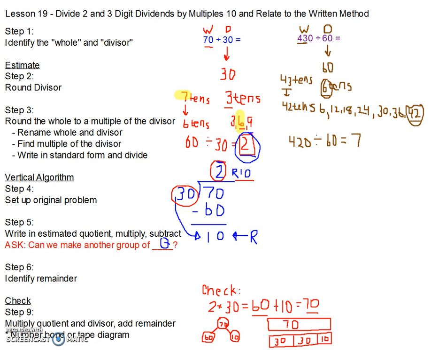So what that would look like basically is I'm saying 42 10s, I'm just going to represent that with a T, divided by 6 10s.